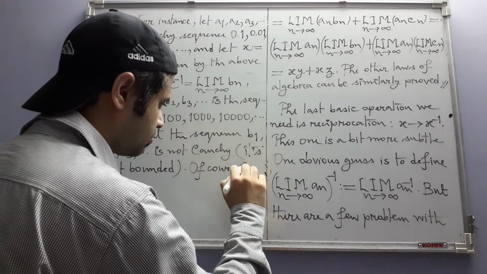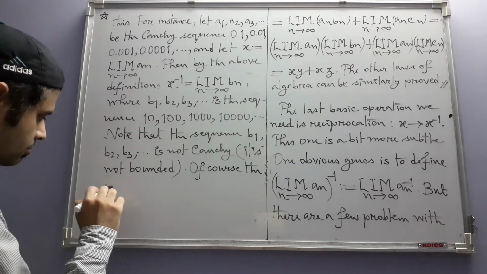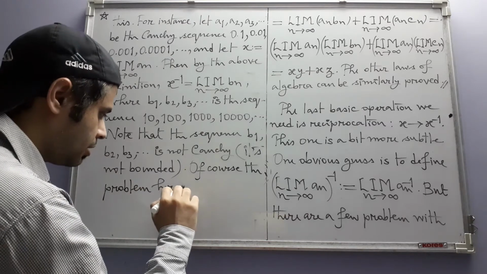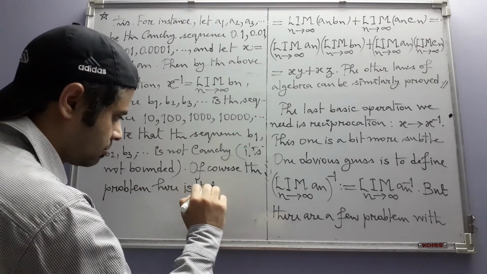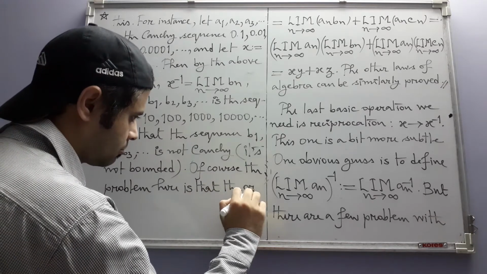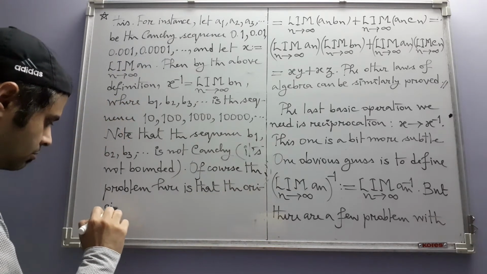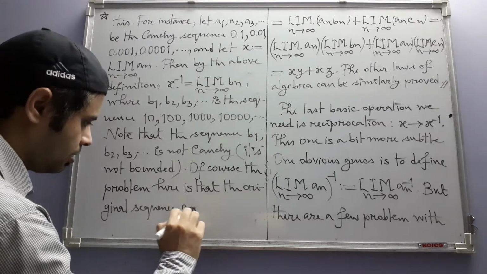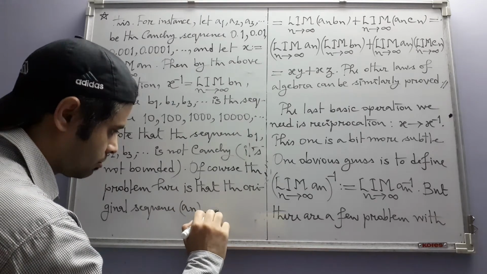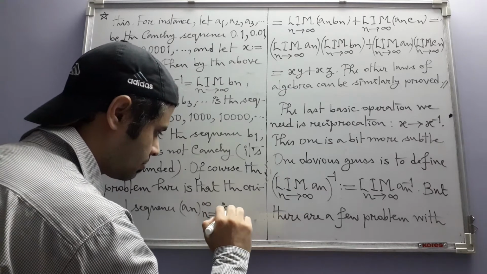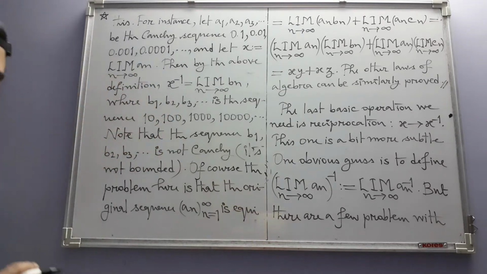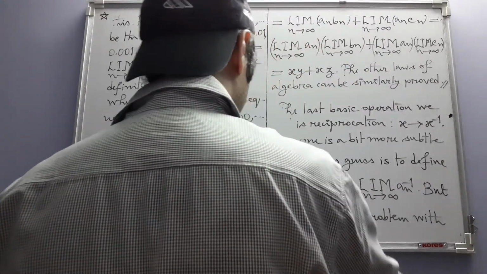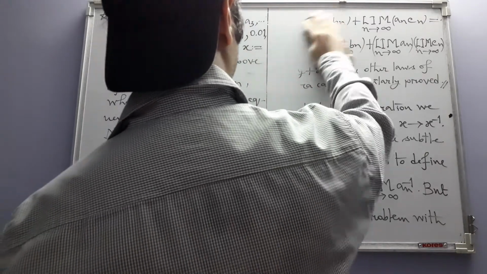Of course, the problem is that the original sequence An is equivalent to the zero sequence where all the terms are equal to 0, and so the real number x is actually equal to 0.